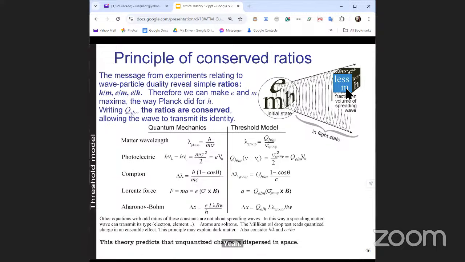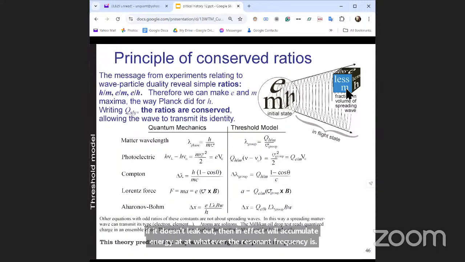I was thinking that I understand the theory is that the atoms load up by a frequency dependent effect, so they can load up with energy. But if it doesn't leak out, then in effect, atoms will accumulate energy at whatever the resonant frequency is and not leak it out. So it'll be like a kind of one-way thing until they reach the threshold.